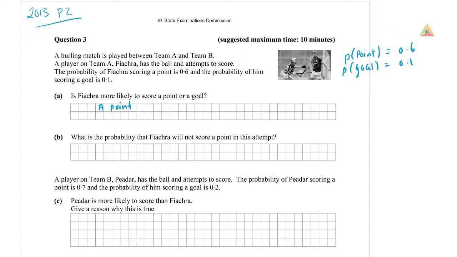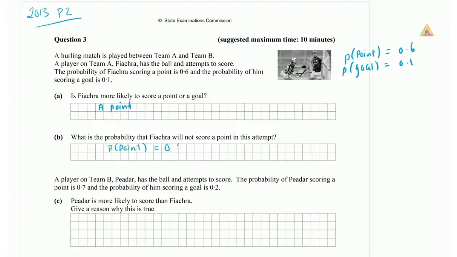Now, for a question like this, we always consider the probability that he will score. The probability that he won't score a point, you take it away from 1, okay? So we know that the probability of him scoring a point is going to be 0.6.